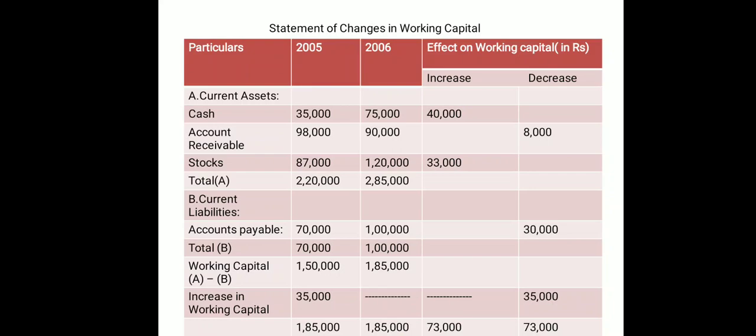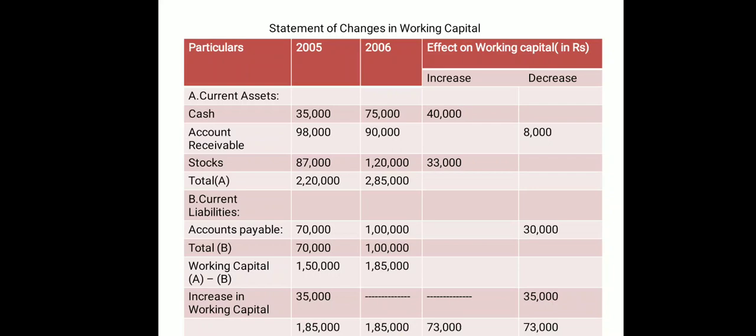And similarly we'll work with the effects on working capital columns also, that is increase and decrease. In the increase column we have 40,000 plus 33,000, that is 73,000. And in the decrease column we have 8,000 and 30,000, that is 38,000. So 73,000 minus 38,000, again we'll have the balance as 35,000.